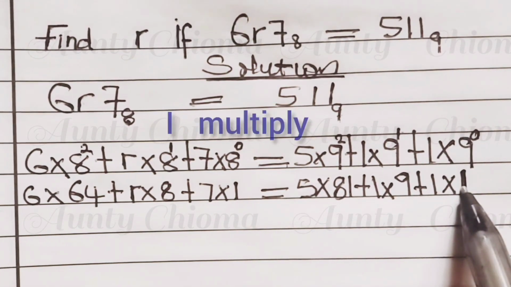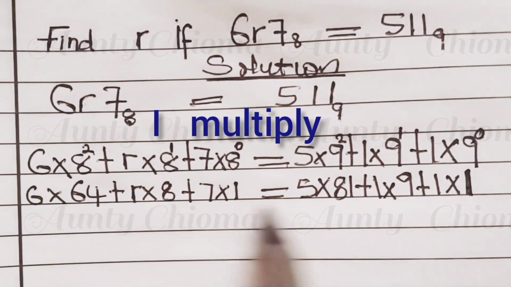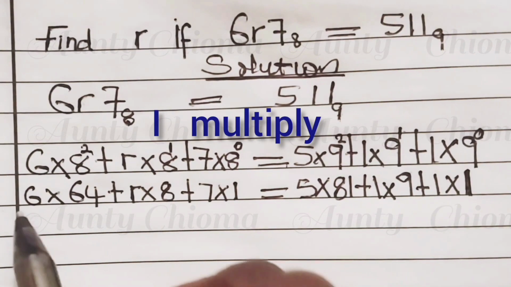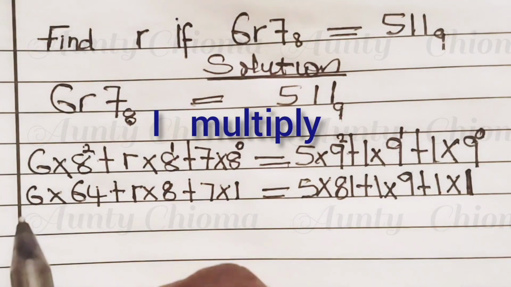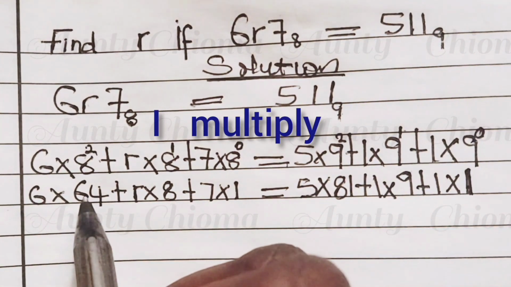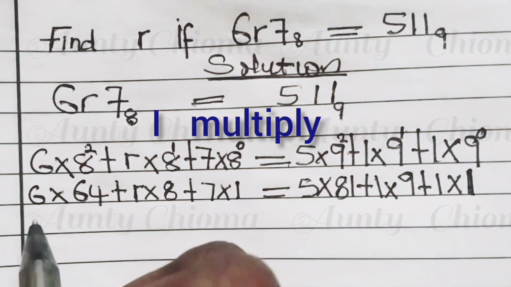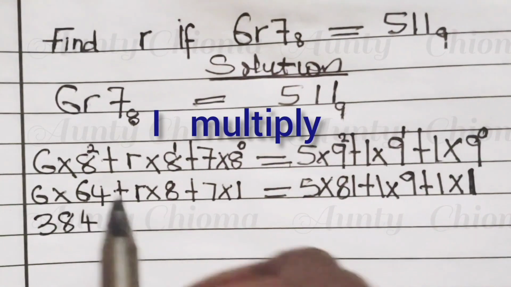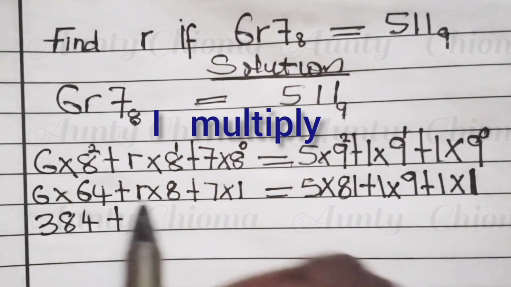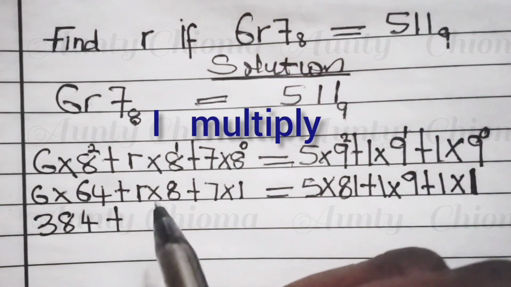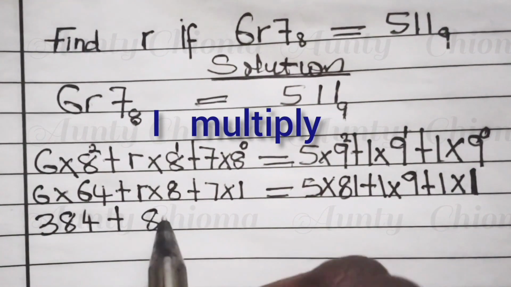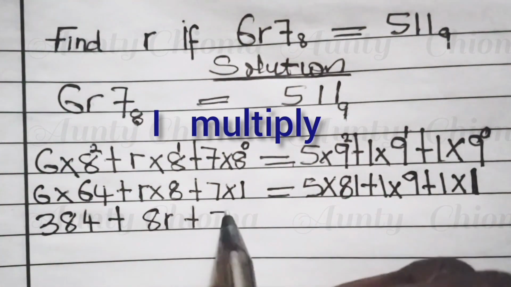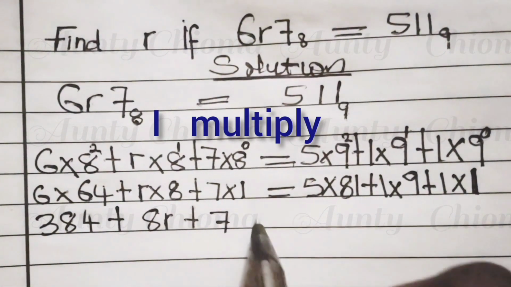Okay, I continue. What do I do again? I multiply out. I say 6 times 64 gives me what? 384. I write it down. 384 plus R times 8, simple, gives me 8R. Plus 7 times 1 gives me 7. Put my equals to.